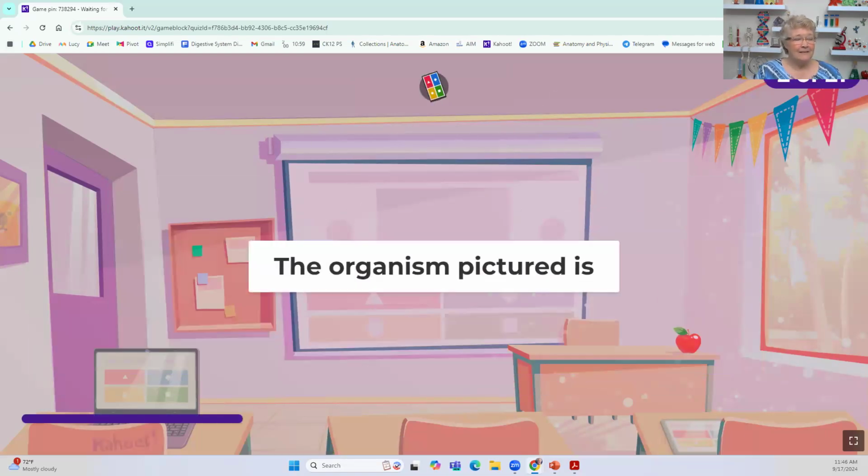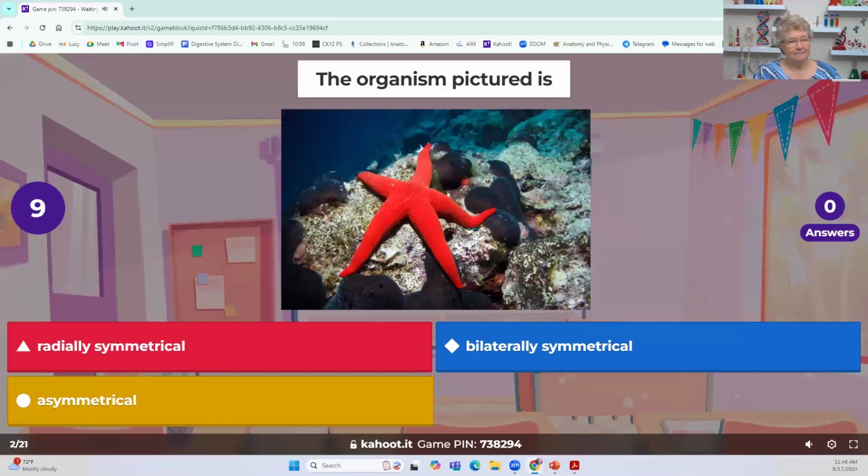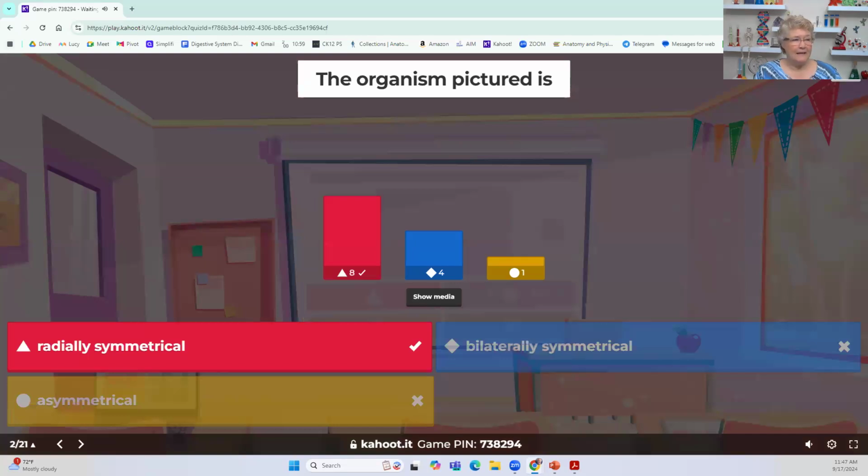Here we go. This organism is what kind of symmetry? That is radially symmetrical. So remember what bilateral is. Bilateral is one line. There's only one place. I can't draw a line this way and have me be the same on both sides.